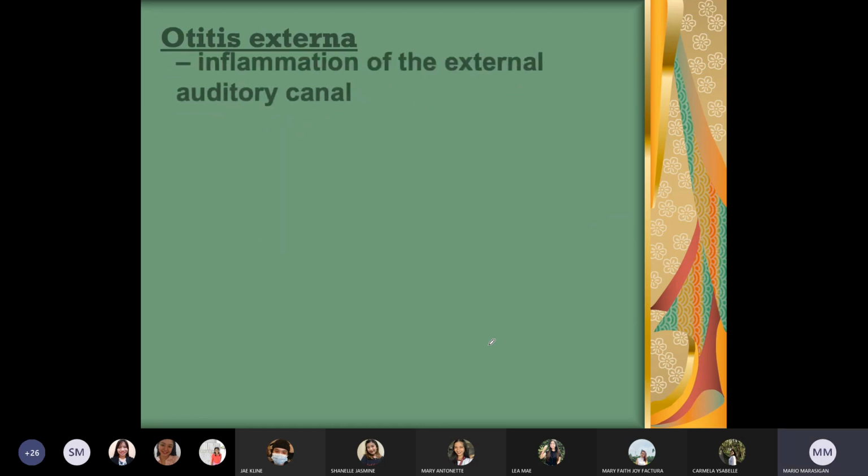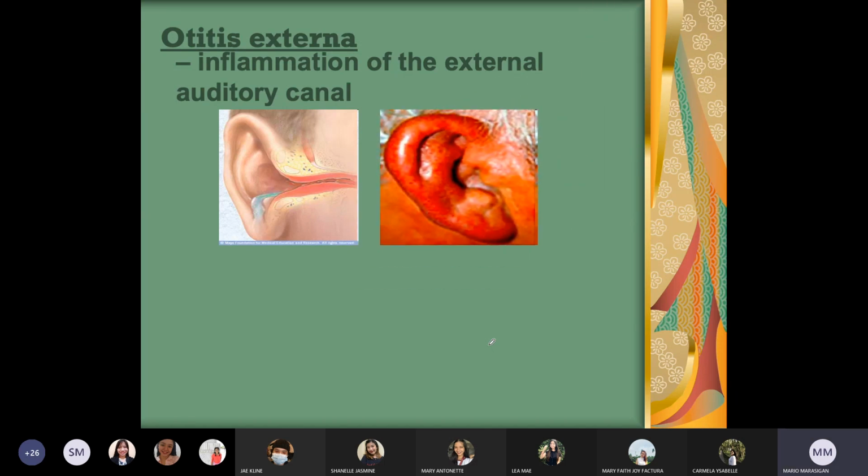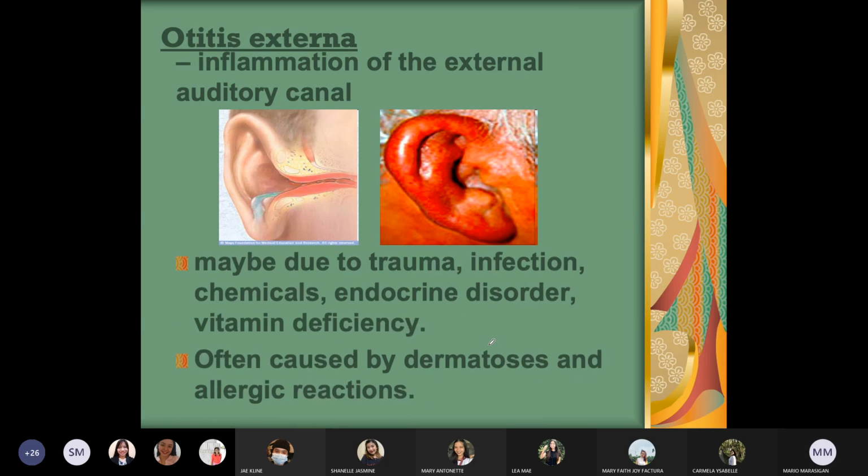For the otitis externa, externa means labas or external. Okay? So yung pamamaga ay nasa external auditory canal. Call that otitis externa. Ganyan. So commonly, kapag ito ay otitis externa, the cause is trauma.